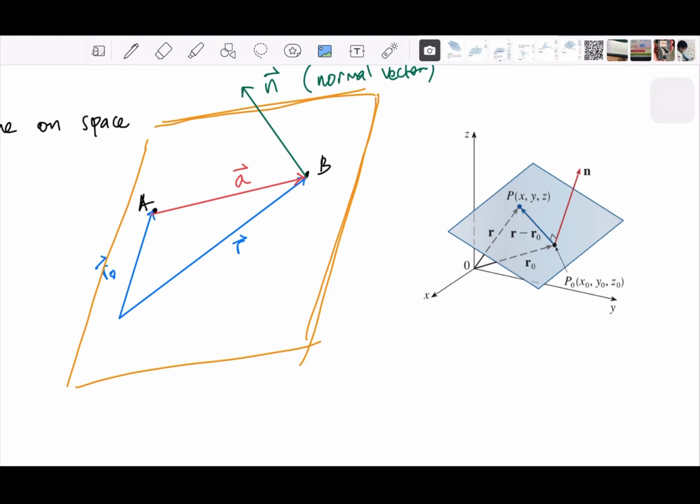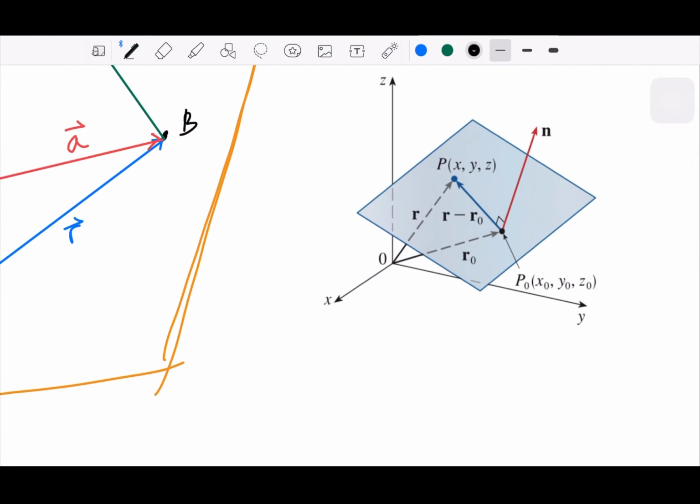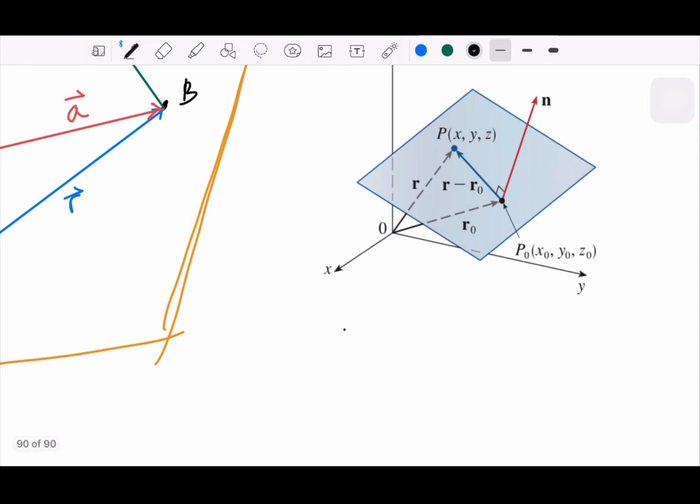If you remember the vectors, I think before we had the holiday, then we can set up, if we have n, if we dot with the line, which is r minus r0, this should be equal to 0.